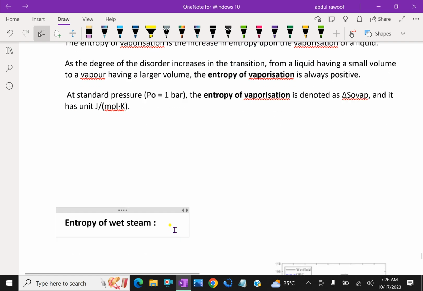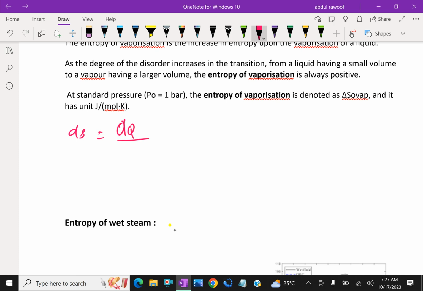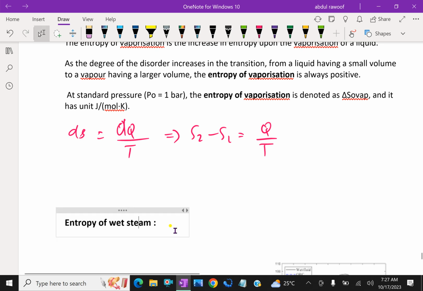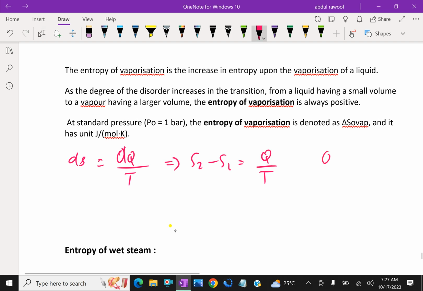Here some expressions we will do. Here dS, change in entropy, equal to dQ by T, which gives S2 minus S1, already explained, Q over T, where Q is the heat absorbed.